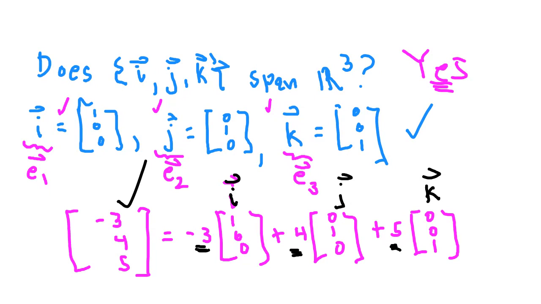So any vector in R3 you can write as a linear combination of the vectors I, J, and K, which in our class we call the set E1, E2, and E3. That's called the standard basis for R3.